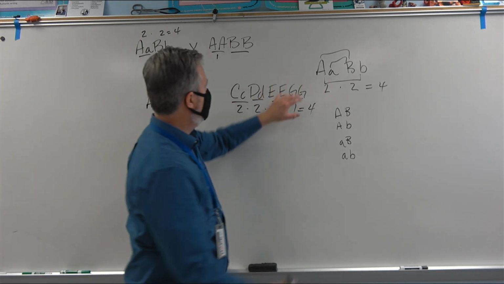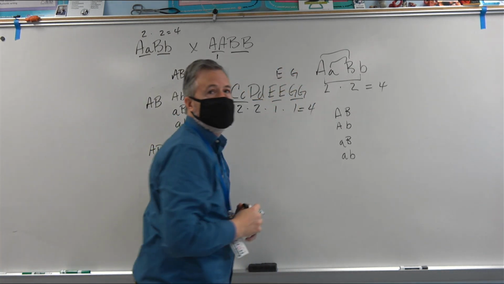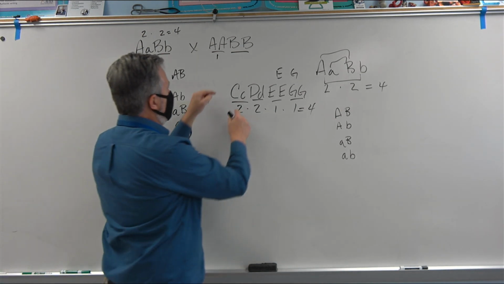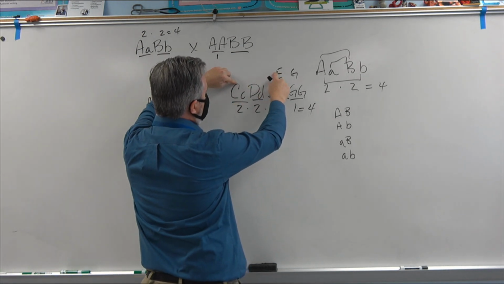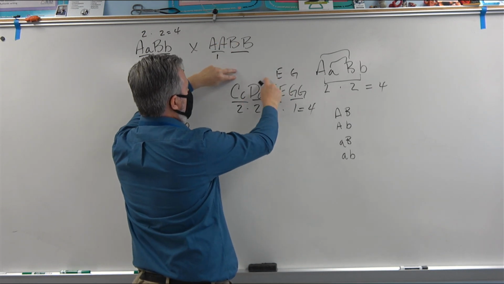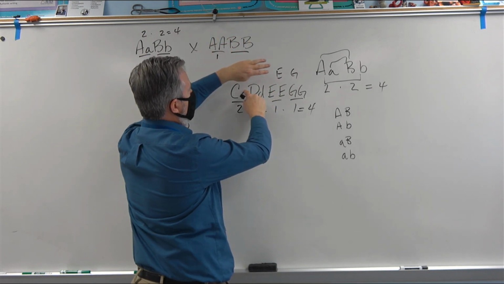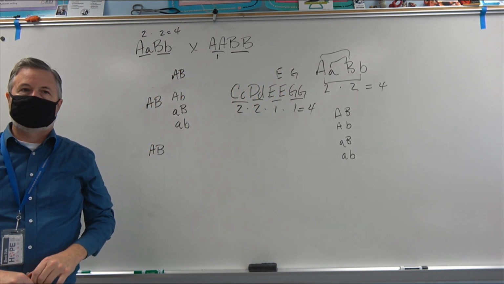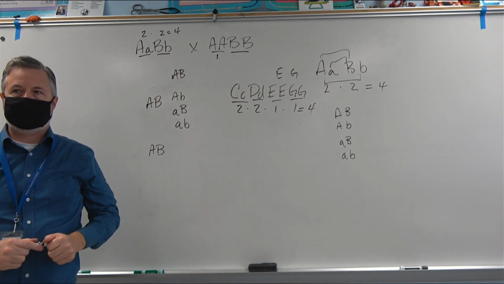Because see, this is just going to be E and G, right? So you're either going to have a big C and a big D that goes with that, a big C and a little d, a little c and a big D, a little c and a little d. 4 different types. Okay, we good so far?